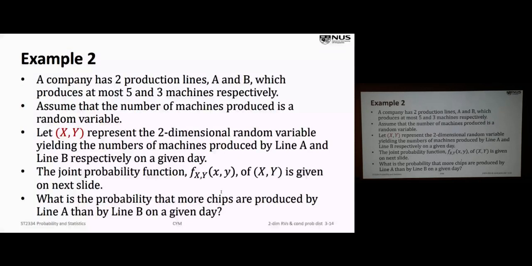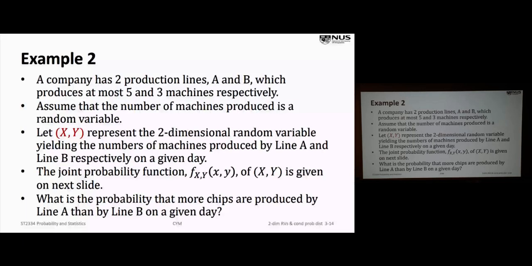So let's have a look at a couple more examples of probability mass functions for bivariate random variables. You have two production lines for a given company, A and B, and they produce 5 or 3 machines respectively. We assume that the number of machines produced is a random variable.